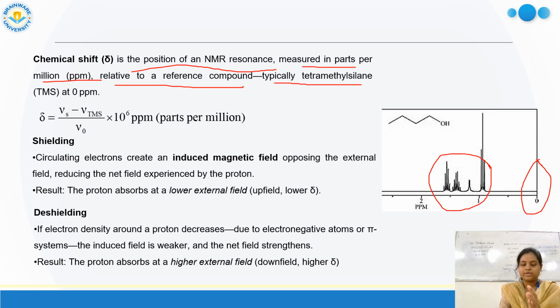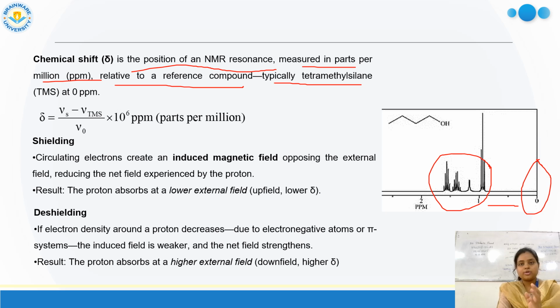Then the nucleus has more electrons around itself, so it experiences less external magnetic field, and it will be more shielded. More shielding means less magnetic field, so it will show its position towards 0.